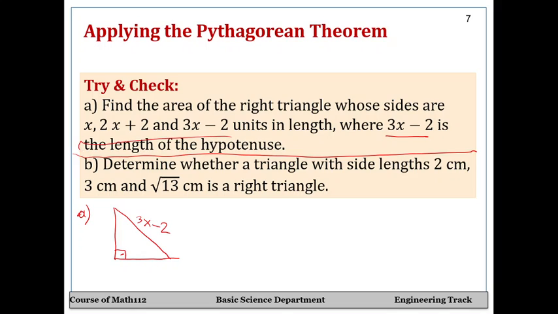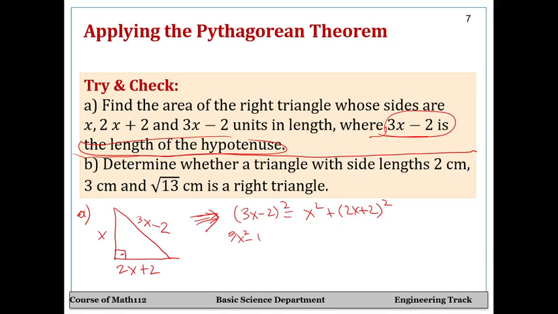In the question, it says the length of the hypotenuse is 3x minus 2. Then we place the others, then we set up the equation, and then we try to solve it.